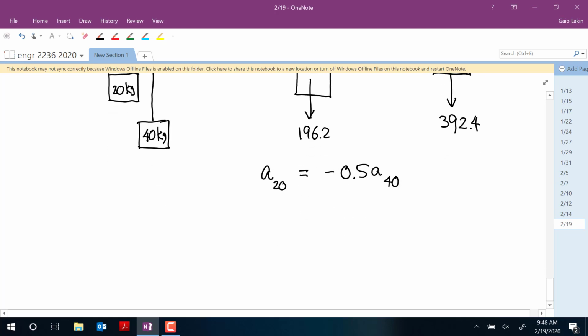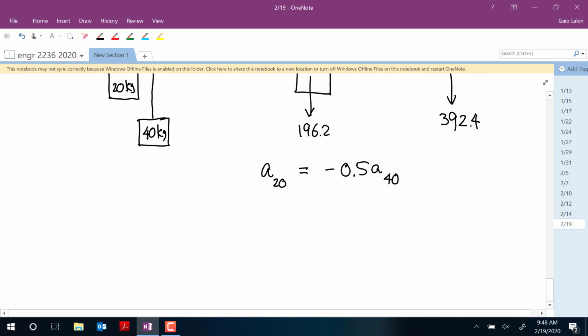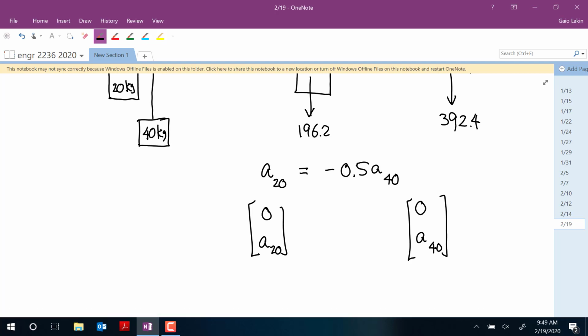If you write them as, one has an acceleration of A20 and the other one has an acceleration of A40, that's how I was thinking of it, because you first figure out that they're both moving vertically, and then the negative sign is to make sure that one goes up and one goes down.